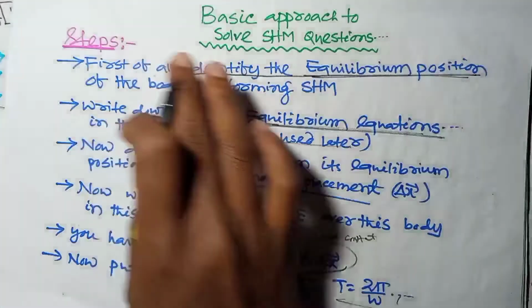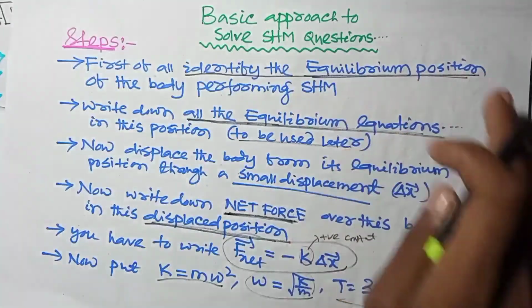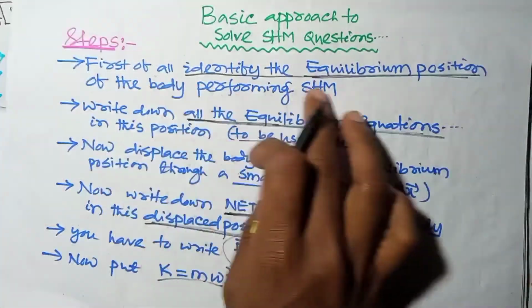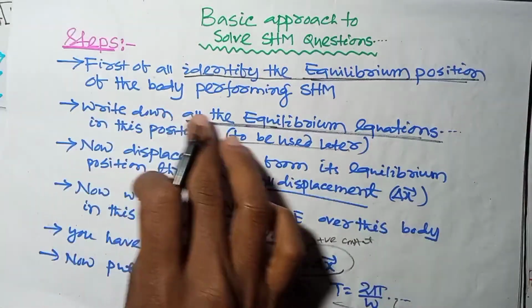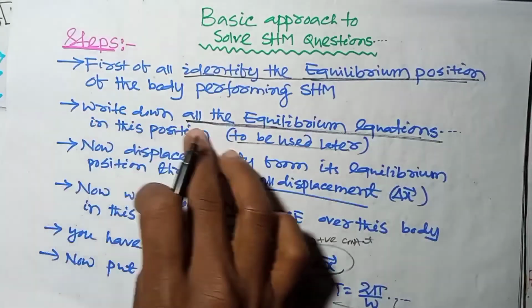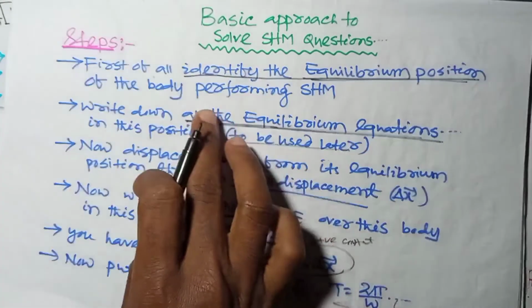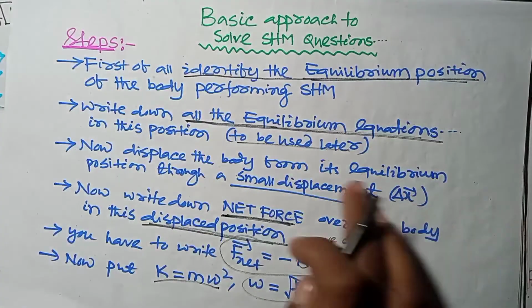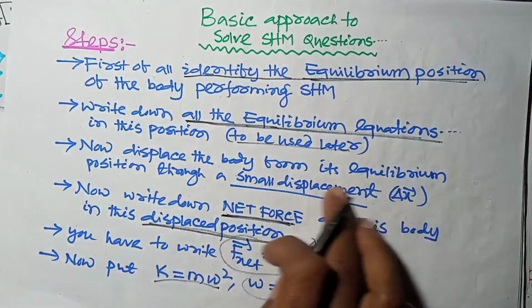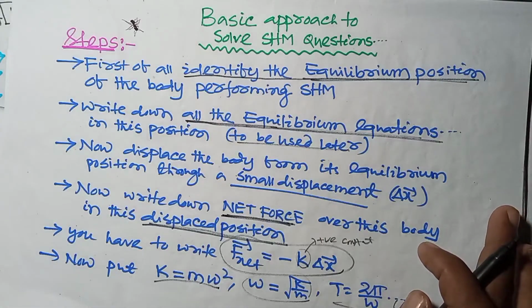I am just repeating it again. First of all, you have to identify the equilibrium position of the body which is performing SHM. This is task number 1. Then you have to write down all the equilibrium equations in this position, and these equilibrium equations are to be used later. Now we give a small displacement, delta x, to the body from its equilibrium position.